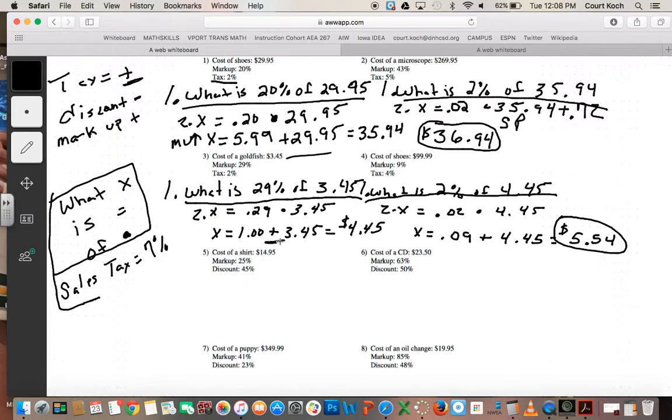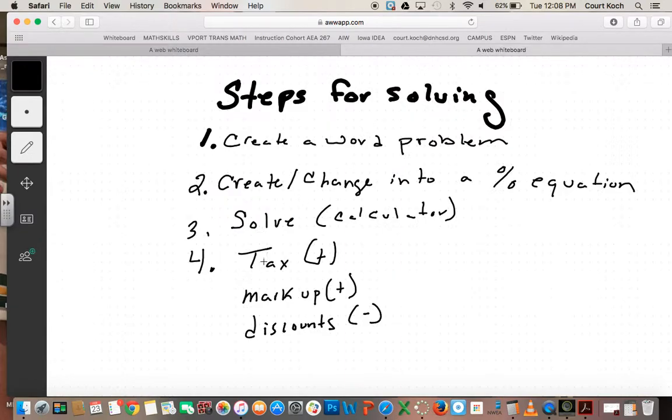Here I added. That was my markup. So here's my step 4. I added. This was my tax. I added because this was markup. And I added here because this was tax.